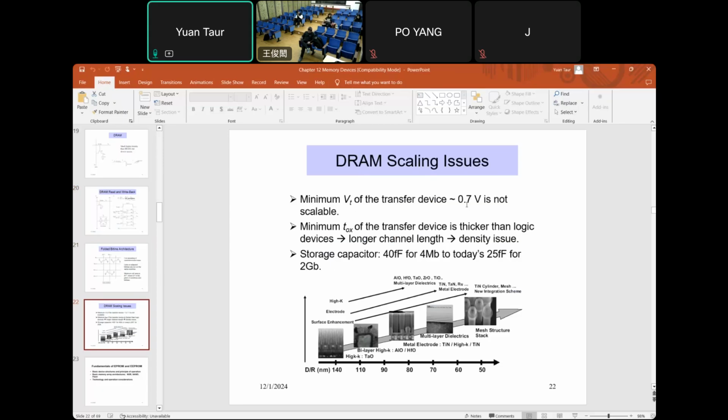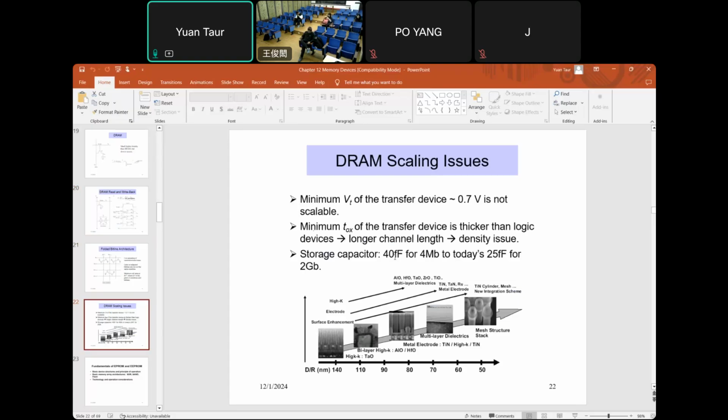And so in that case, the supply voltage cannot go down below something like a quarter of a volt or so. If the supply voltage cannot be scaled below that, then oxide thickness cannot be scaled down. So the DRAM cell voltage and the channel length, of course, cannot be scaled. And that's an issue with dynamic RAM.